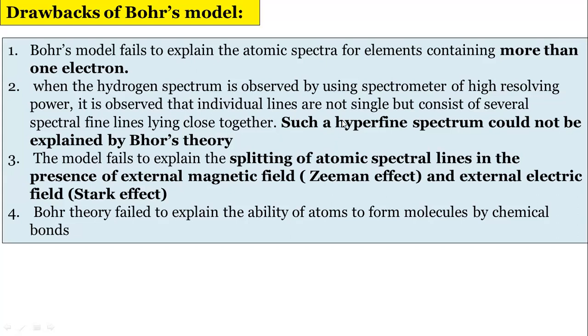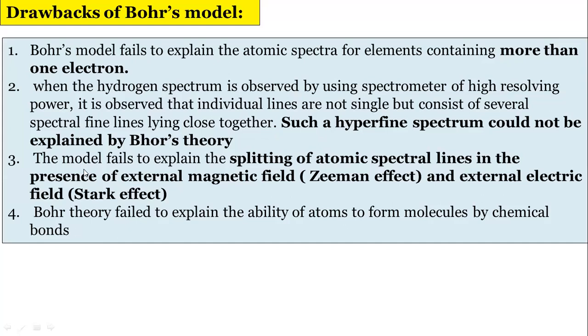The lines observed by Bohr are not single lines, but there are several lines. This is called the hyperfine spectrum. These are single lines of what? This is not explained by Bohr. What is the meaning of this hyperfine spectrum? This is not explained by Bohr.